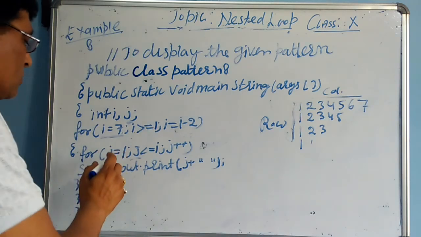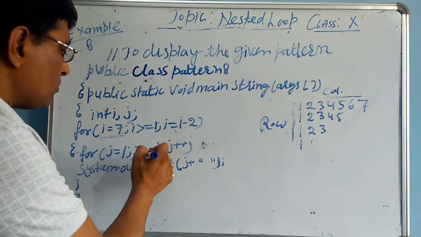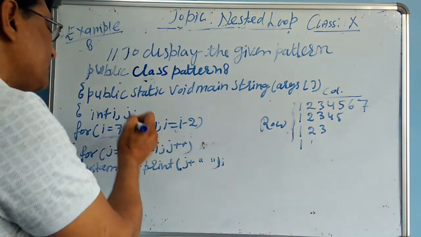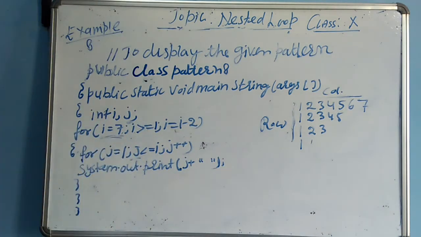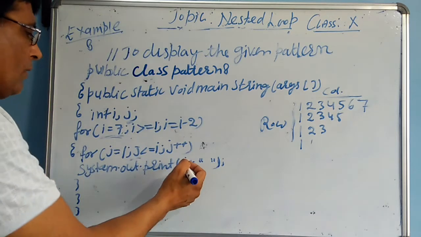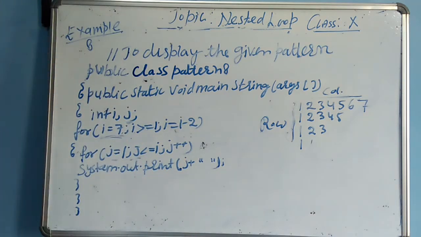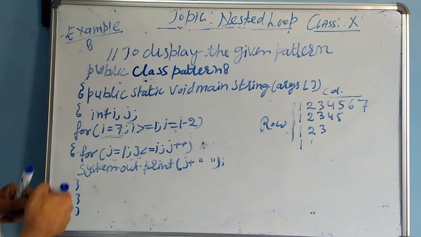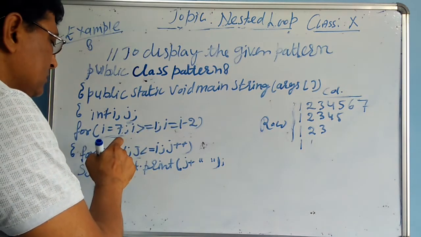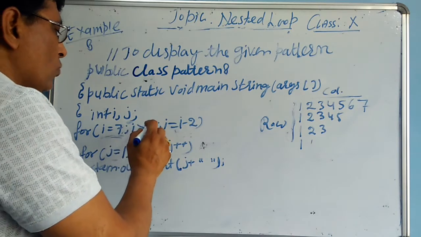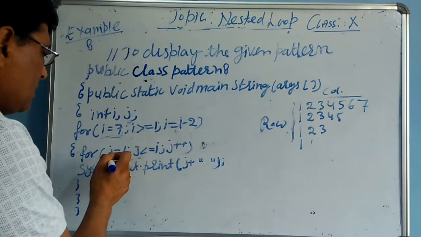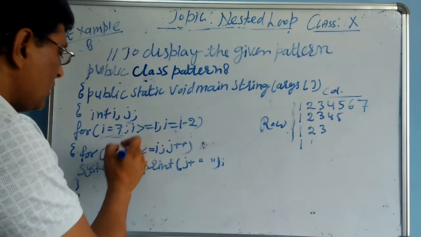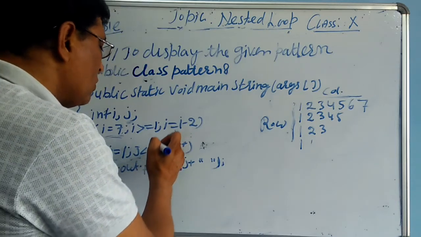Now in the inner loop, j is equal to 1 and j is less than or equal to i.